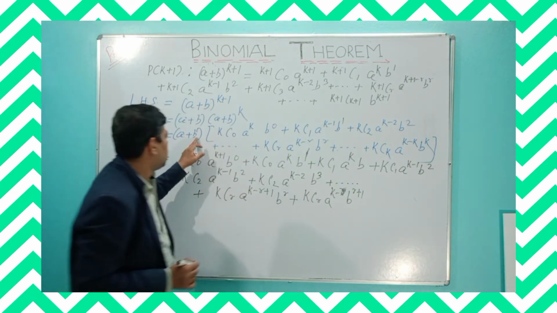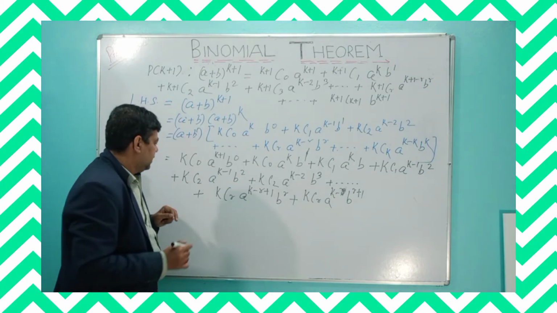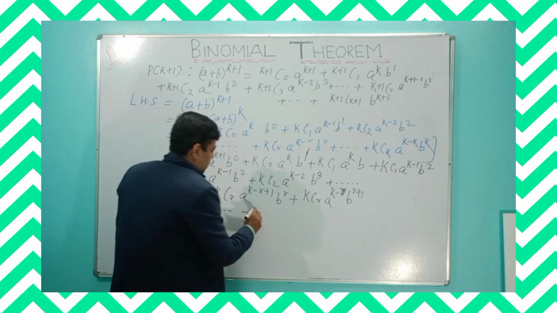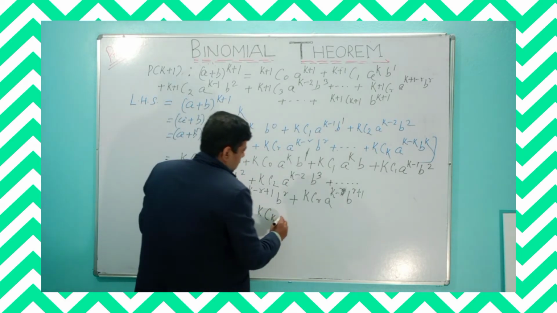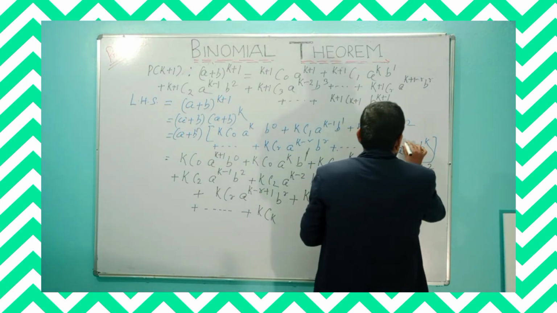Right? Here the power of b is 1. And in a similar manner, what is the last term? kck. Okay, understand? Here a to the power what? k minus k means 0.